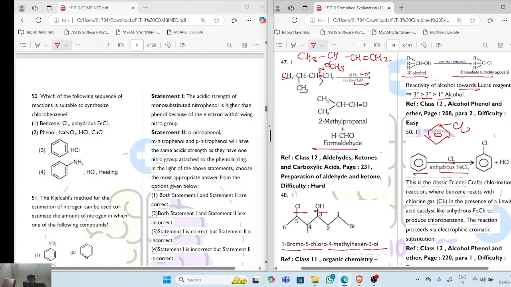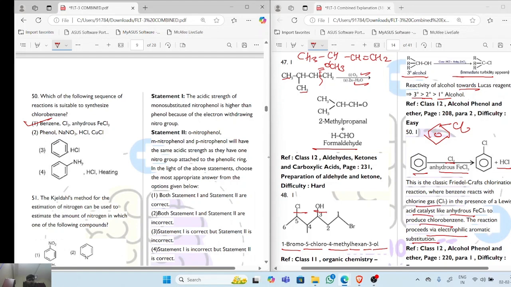We know that Cl2 with anhydrous FeCl3 will produce chlorobenzene with HCl. This is the classic halogenation reaction where benzene reacts with chlorine gas in the presence of a Lewis acid catalyst like anhydrous FeCl3 to produce chlorobenzene, and this reaction proceeds by electrophilic aromatic substitution. So option number 1 is our correct answer.